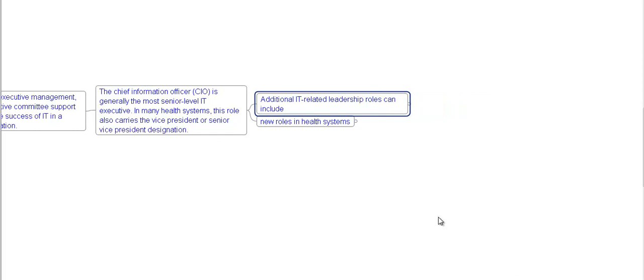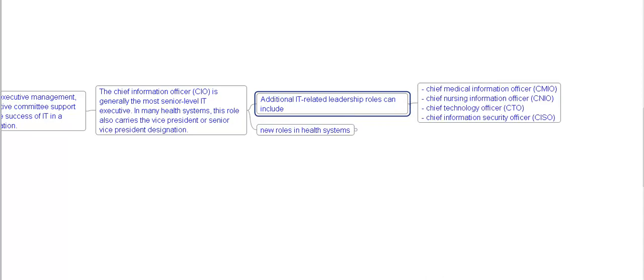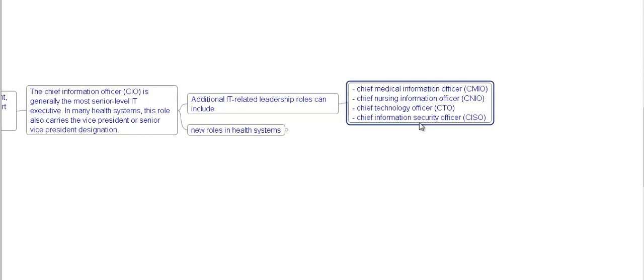Additional IT related leadership roles can be included: Chief Medical Information Officer, CMIO, Chief Nursing Officer, CNO, Chief Technology Officer, CTO, and Chief Information Security Officer, CISO.